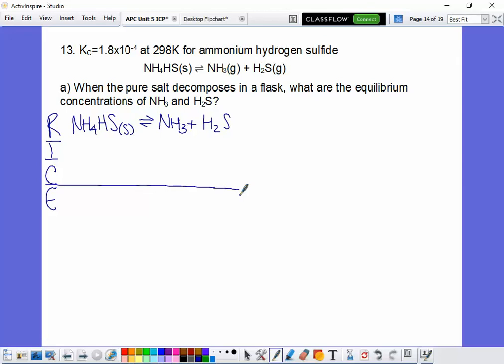Okay. What are my initial amounts of my two products? 0. I have none of them to begin with because all that's in the reaction container is the NH4HS. But that's a solid. So how much of this do we have?